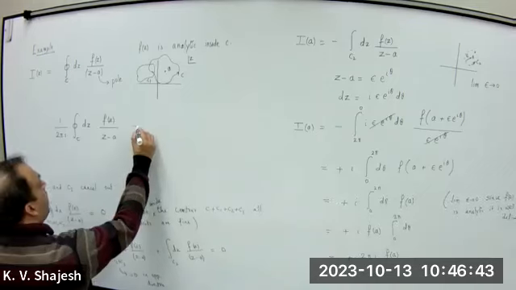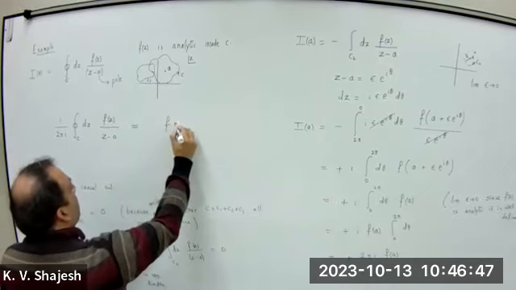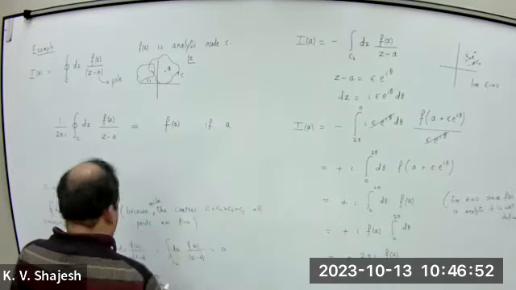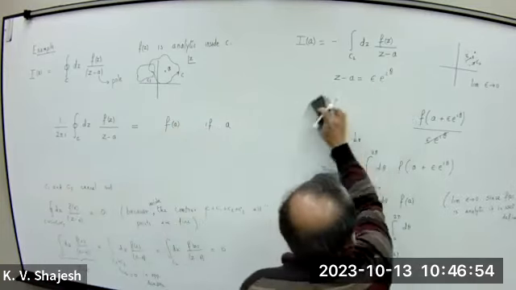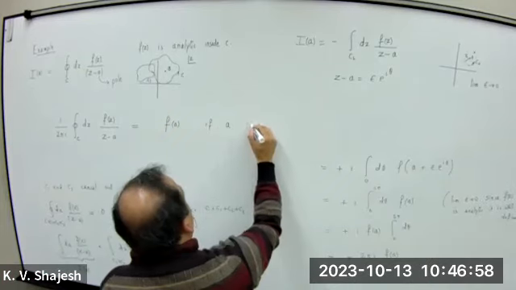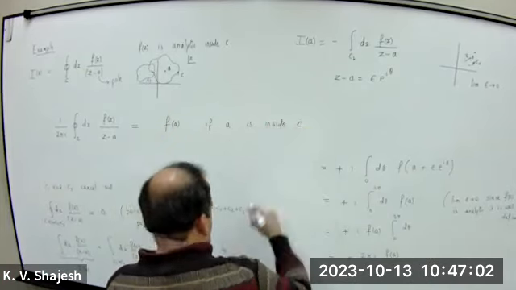Now this is equal to f of a if a is inside contour C.